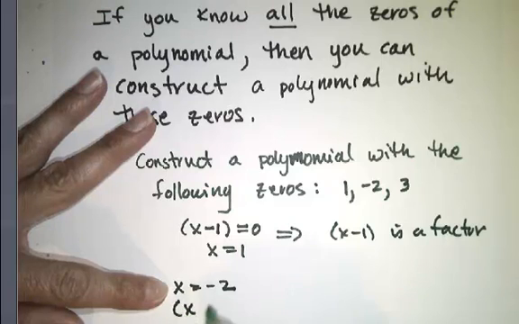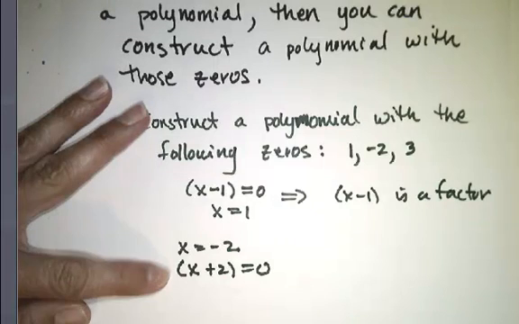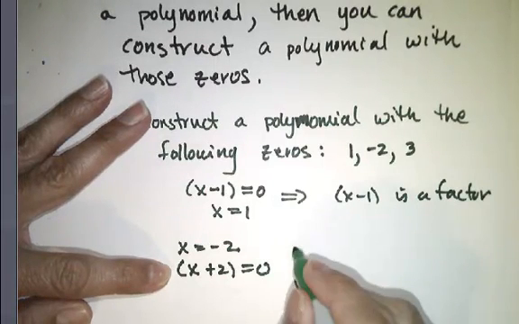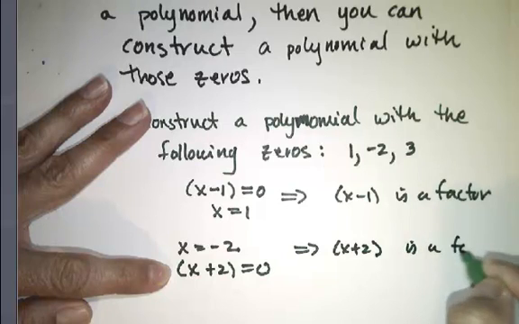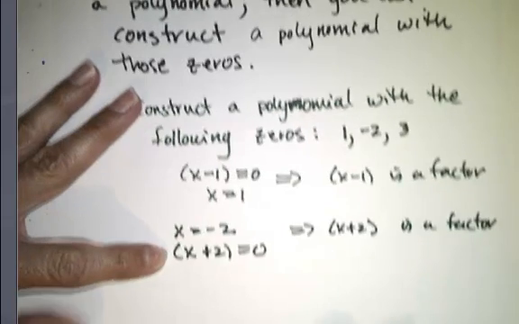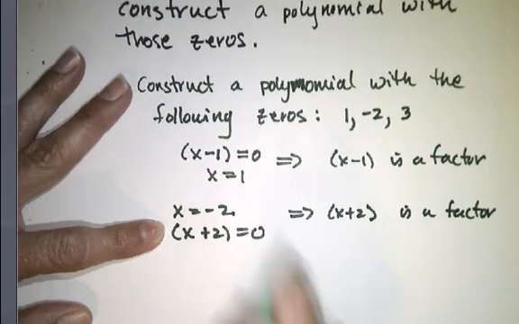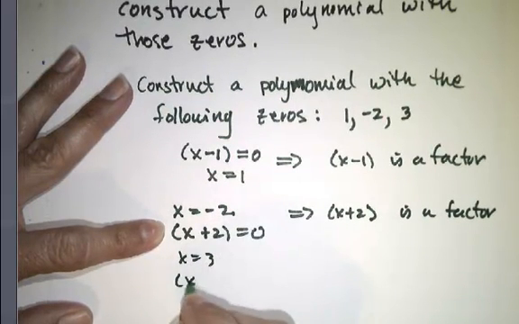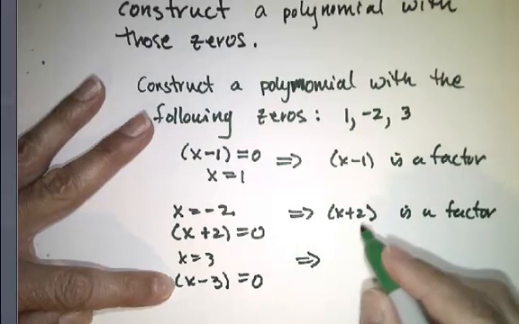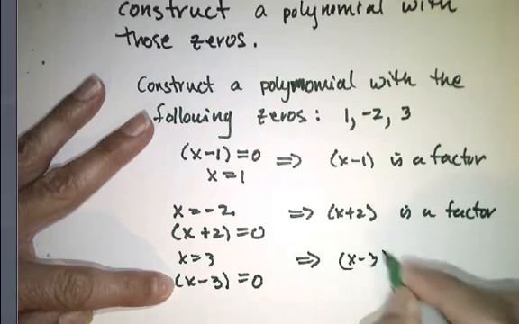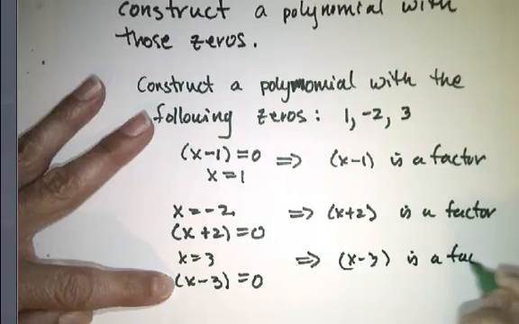That means x plus 2 equals 0 was one of the factors we set equal to 0 in the zero product property, which means x plus 2 is a factor. And if 3 is a 0, then that means we had x minus 3 as one of my factors from the zero product property, so x minus 3 is a factor of my polynomial.